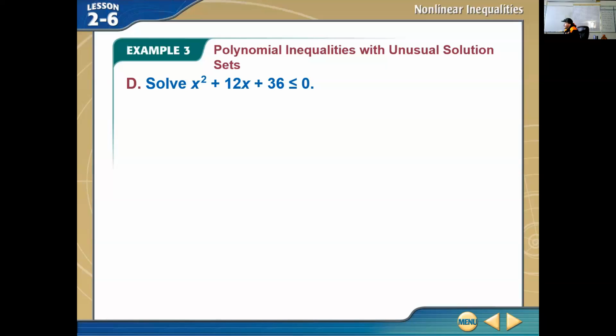Our graph's end behavior is going to go toward positive infinity because our a value is positive and our leading degree is even. The only number that satisfies this is going to be -6, because when we plug in -6, we get our 0.